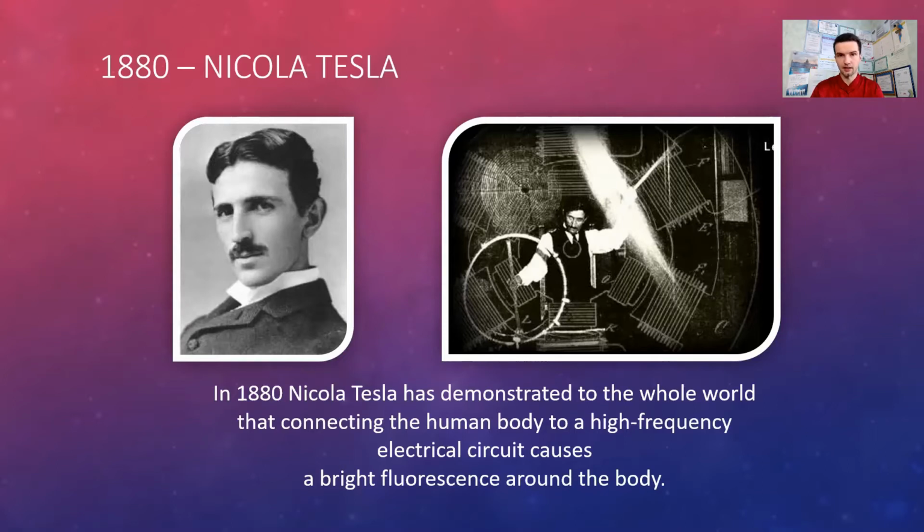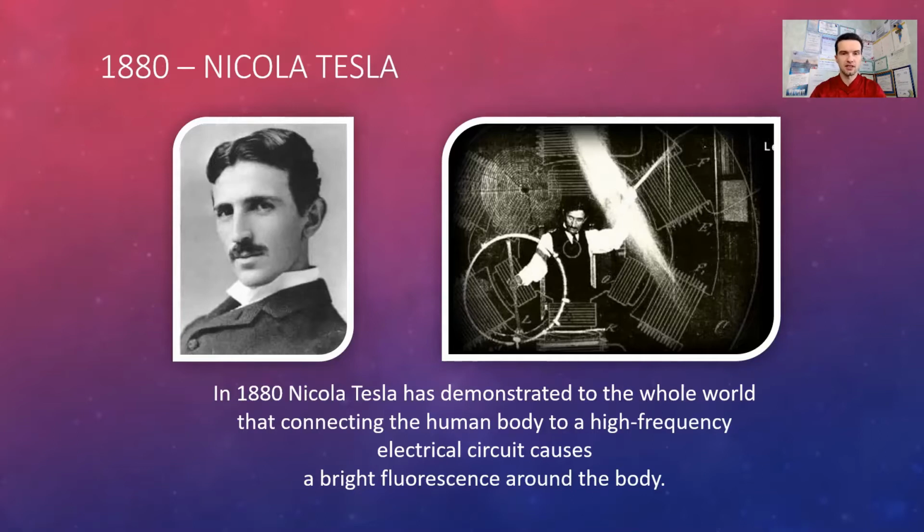This alternating current made it possible to make not only a high intensity electromagnetic field, but also a high frequency electromagnetic field. While experimenting with these high intensity and high frequency fields, Nikola Tesla showed that if a person stands in such environmental conditions with such a high electromagnetic field, the glow surrounds the whole body.